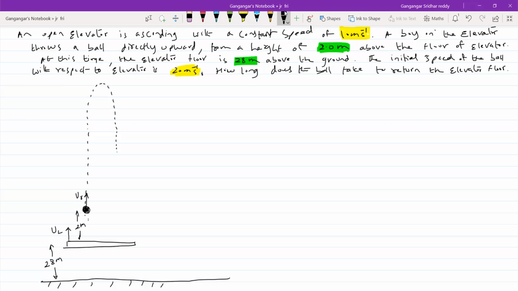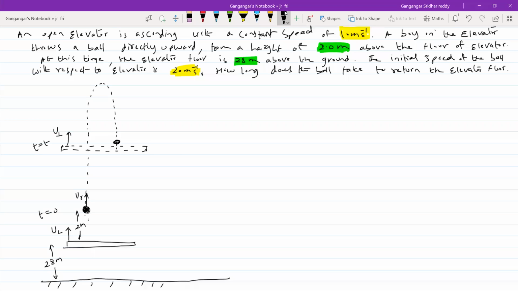So it is telling us definitely what happened: the ball, when descending only, should strike the elevator. So somewhere when the elevator is here, I'll put a dotted line. This would be the position. And what is the state of the elevator? It continues to ascend. This is the t equals 0 situation. After some time t, this is the condition.